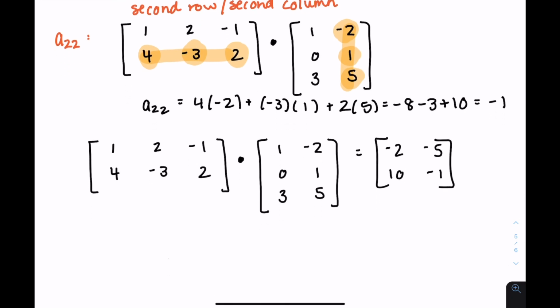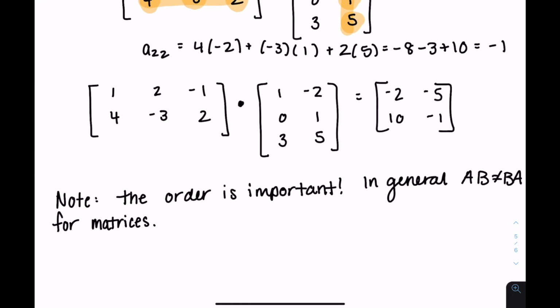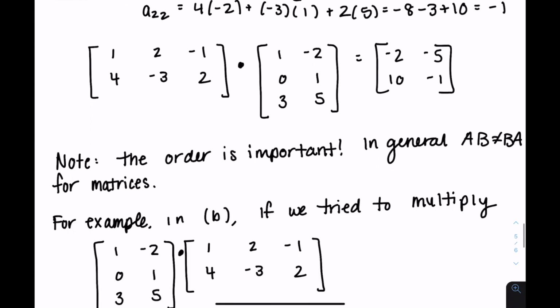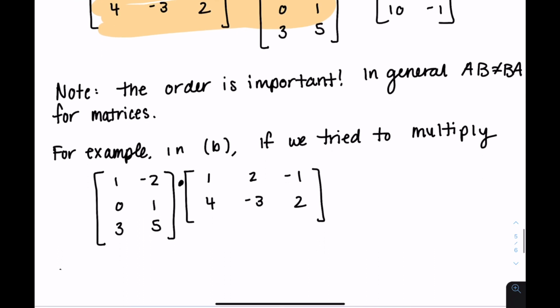But one of the big things here that's kind of different: normally when you switch the order of multiplication, 2 times 3 is 3 times 2. But here the order is important, and in general, you can't switch them. You're going to result in a different matrix. So for example, if I switched the order in which I multiplied these two matrices, this first matrix is a 3x2, and this is a 2x3.